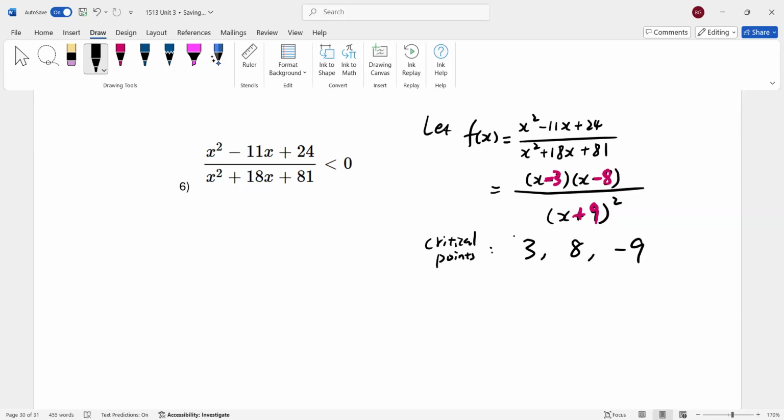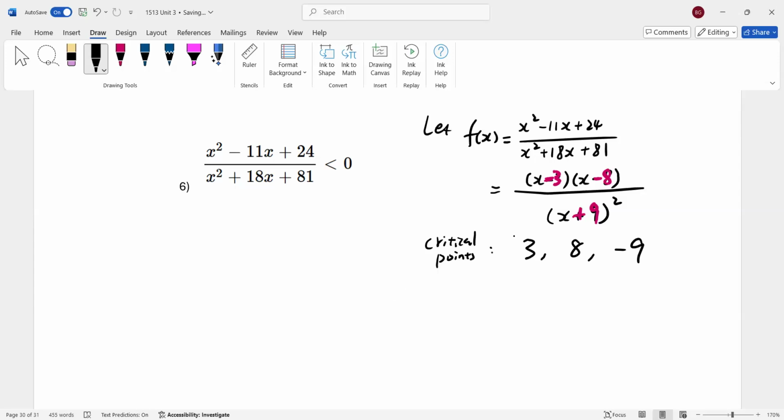Among which +3 and +8 are the zeros of the top. So also are the zeros of the rational function. The -9 is the zero of the bottom. So -9 is not in the domain of the function.